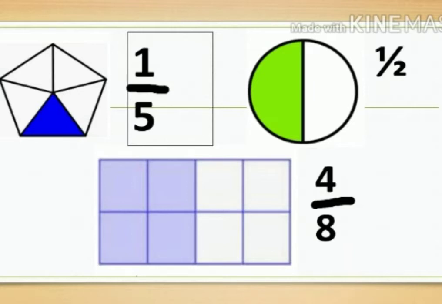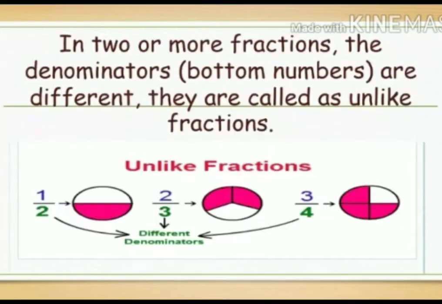And in the third shape, I can see the colored portion is 4 out of 8 equal parts. So it is 4 upon 8. So in this case, we see that the denominators are all different. So these fractions are called unlike fractions. In 2 or more fractions, if the denominators, the bottom numbers, are different, they are called unlike fractions.